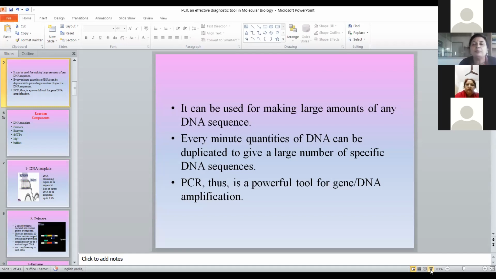So like that, PCR technique is used in various cases for amplifying the DNA. So it can be used for making large amount of any DNA sequence. Even minute quantity of DNA can be duplicated to give large and specific DNA sequences, and hence PCR is a very powerful tool for amplification of DNA, that too without cloning.